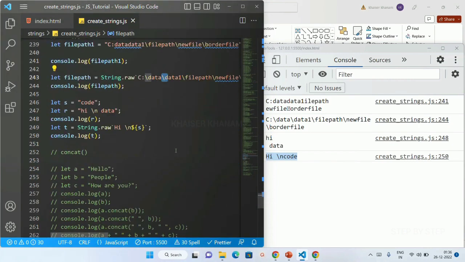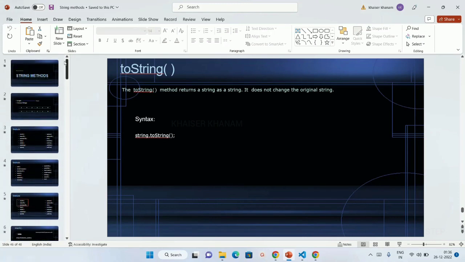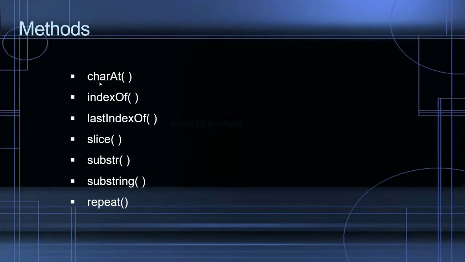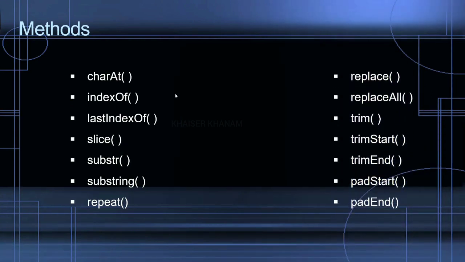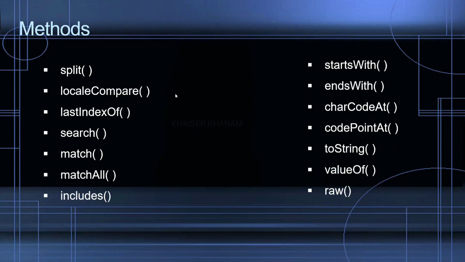We have completed our string method section and we have seen about all the strings: charAt, indexOf, lastIndexOf, slice, substr, substring, repeat, replace, replaceAll, trim, trimStart, trimEnd, padStart, padEnd, and also split, localeCompare, search, match, matchAll, includes, startsWith, endsWith, concat, charCodeAt, codePointAt, toString, valueOf, and the raw method.